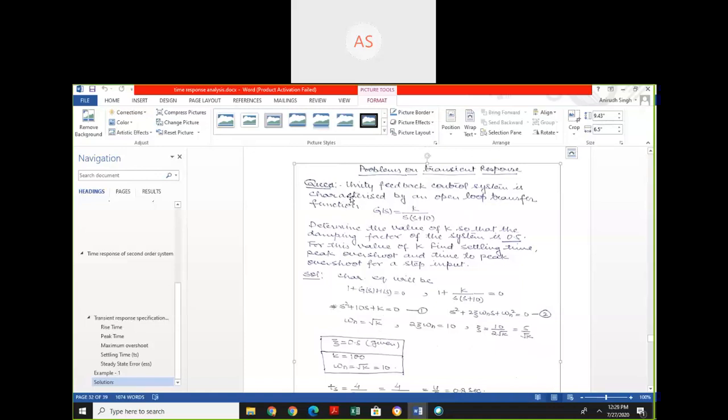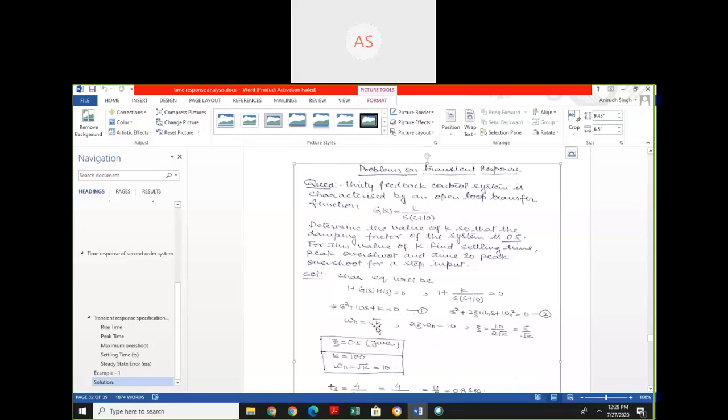So in this case, first we find the characteristic equation, which is given by 1 plus GSHS is equal to 0. GS is given and the value of HS is unity, so you get the characteristic equation. Compare this equation with the standard equation.